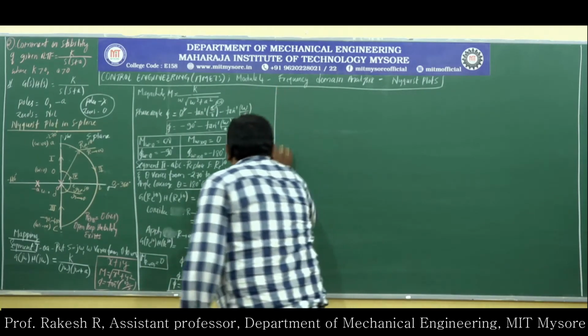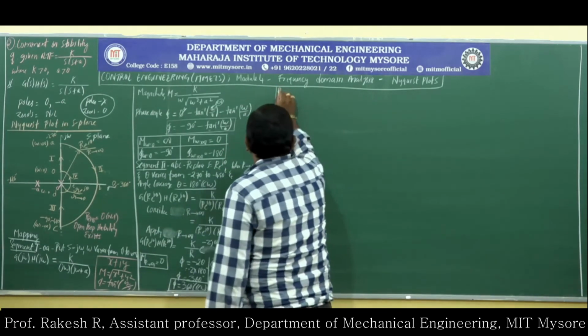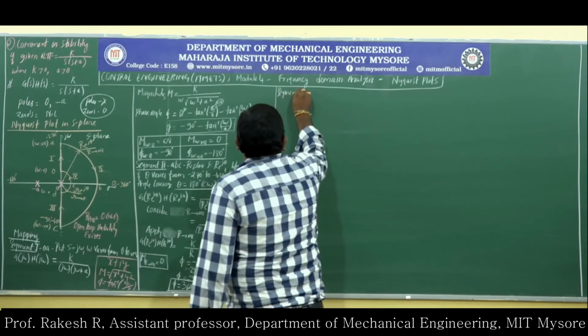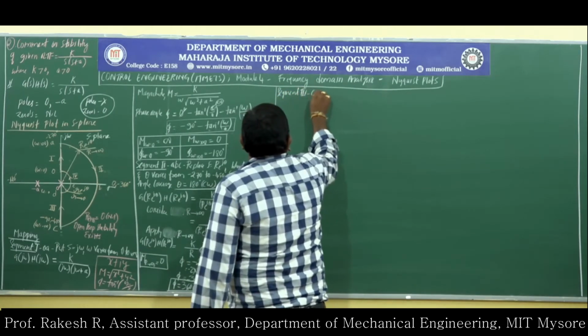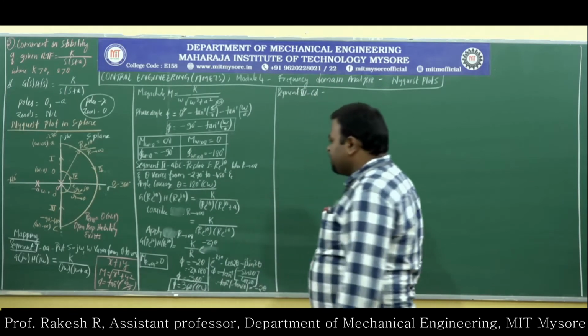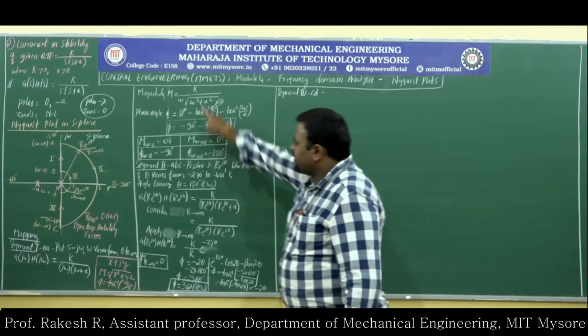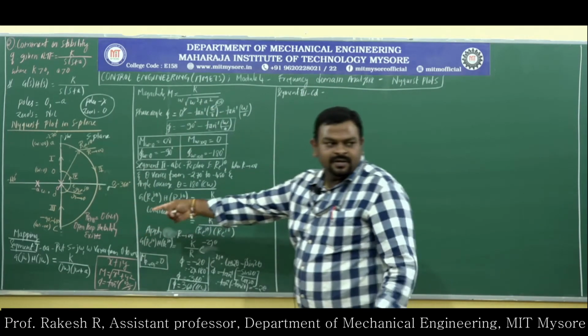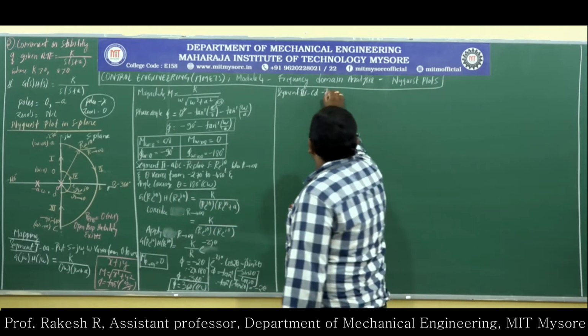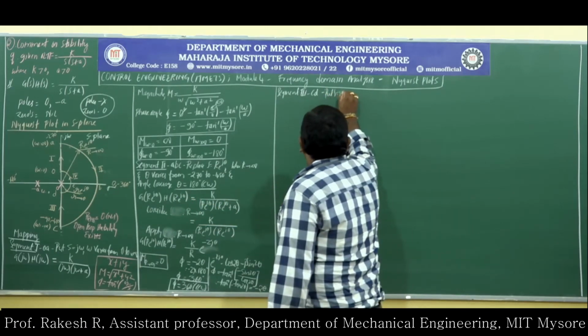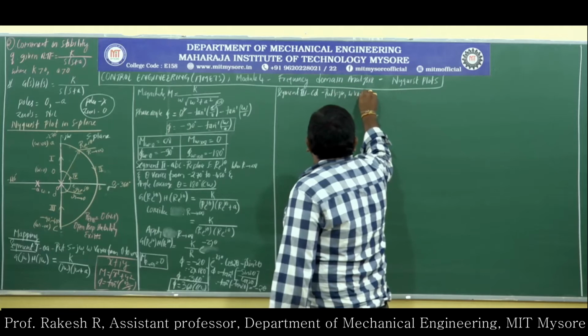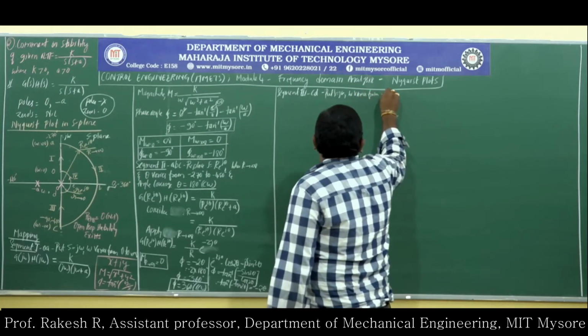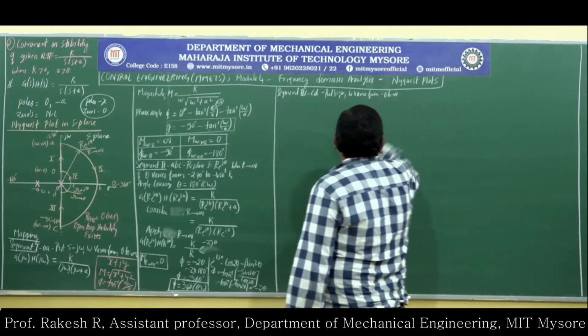What is the third segment? Segment 3, that is CD. What is the condition for segment 3? Again the same thing, it is a polar plot. You have to put s equal to jω, where ω varies from minus 0 to minus infinity.